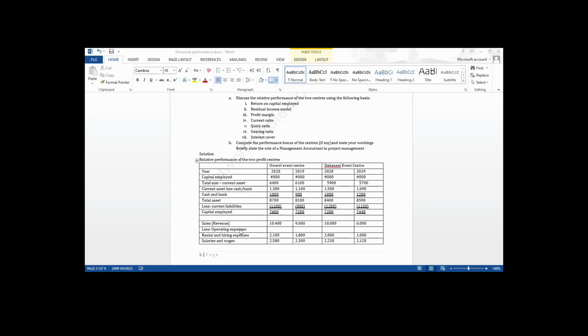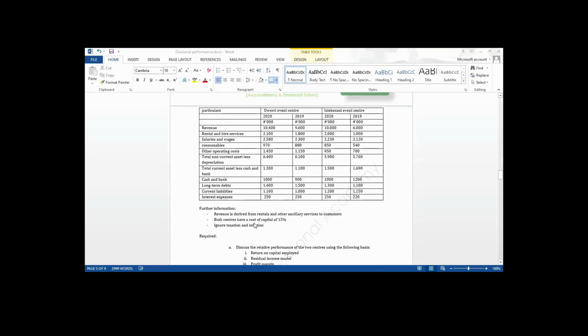Profit before interest and tax. Take your revenue. Let's go, we are going to do this together now. Revenue: look at it. 10,400, 9,600, 10,000, 6,000.